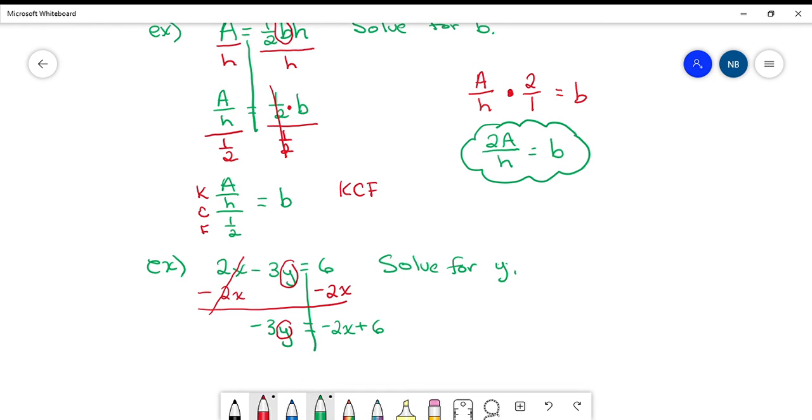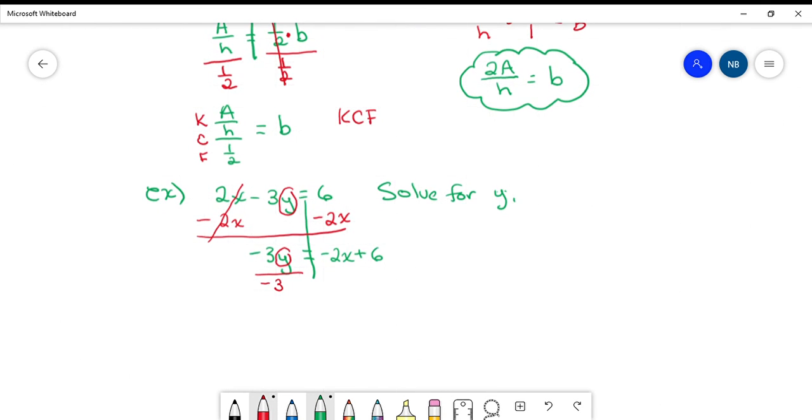Now y is currently being multiplied by -3. I'm going to divide it by -3 because -3 divided by -3 is 1, and that leaves y by itself. Now if I divide the left by -3, I have to divide the right by -3. So I have -2x plus 6 all over -3.